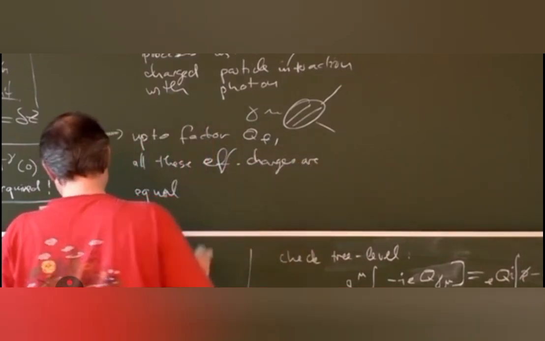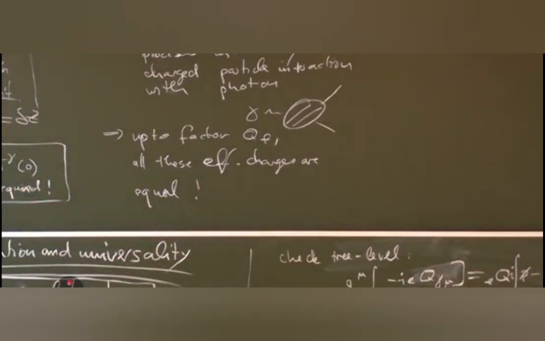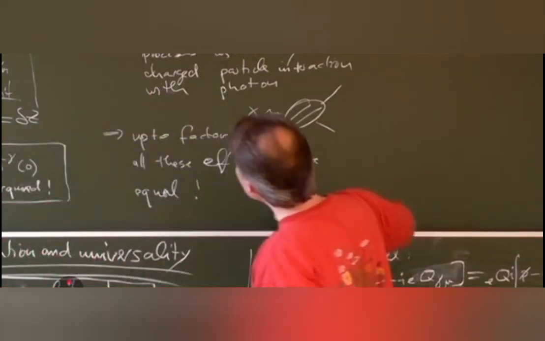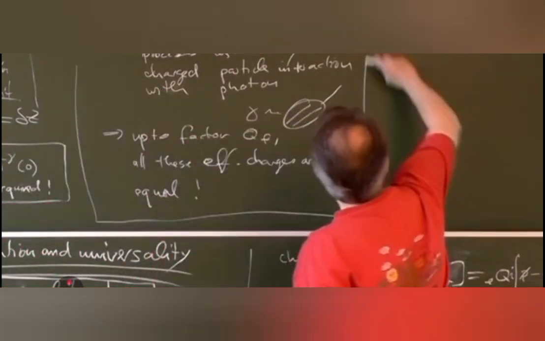And so that is a physical statement. It's not only a statement about renormalization constants or unphysical building blocks of the theory, it is really a physical statement about measurable effective charges in low energy processes between different fermions. So it's a very deep and very strong statement which follows here from the Ward identity of QED.